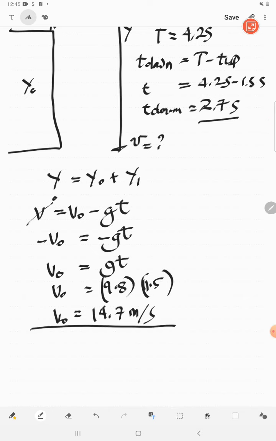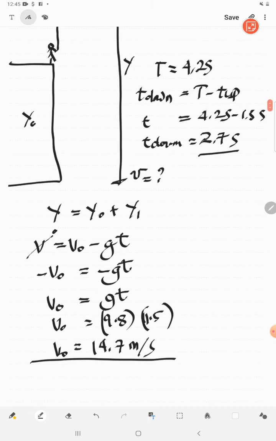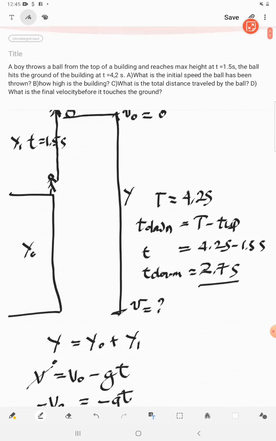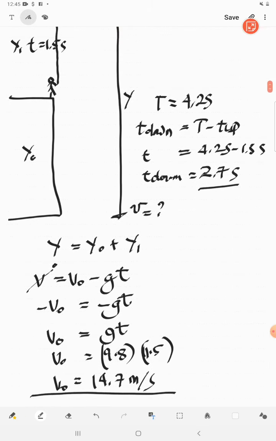Okay, so this is our v naught. All right, then if you want to find the y1, you can do so. In this problem I did ask you to find the total distance, so it's better that we need y1 also. So from the equation, our y1 is simply equal to v naught t minus 1 half g t squared.